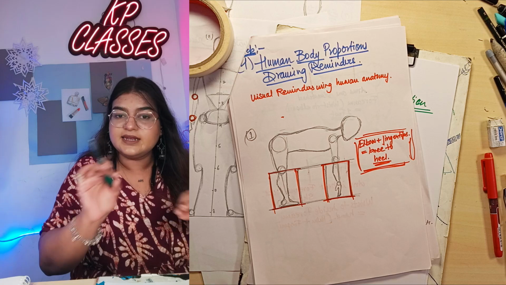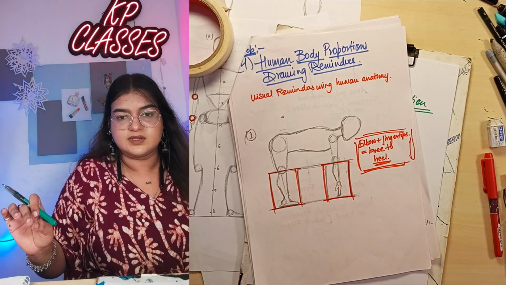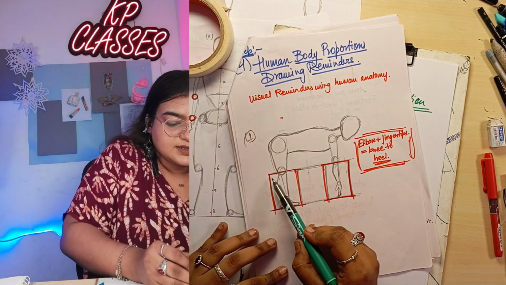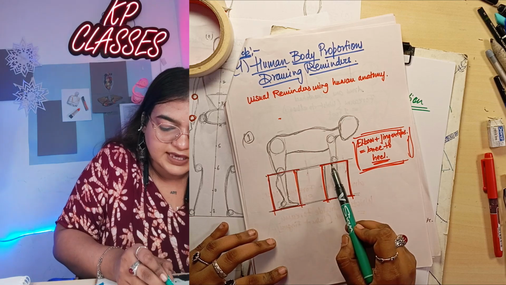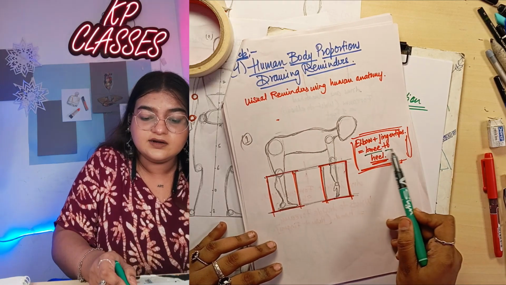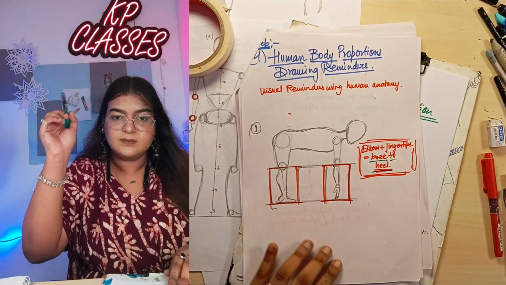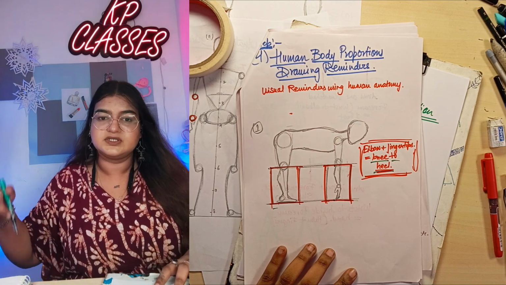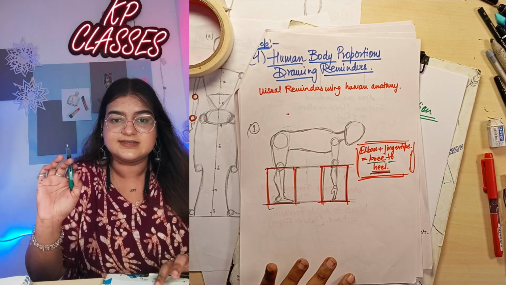In any of these positions, if you are sitting, if you are picking up something, then the elbow to your fingertips will be equal to your knee to heel. So whenever you are making a figure which is bending towards the ground, this will be a basic idea.